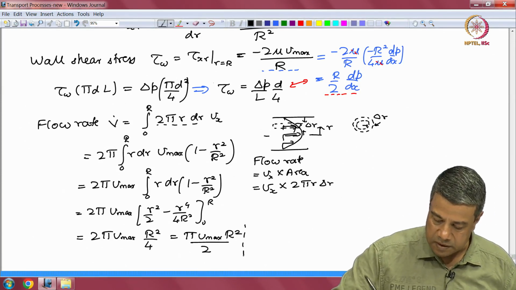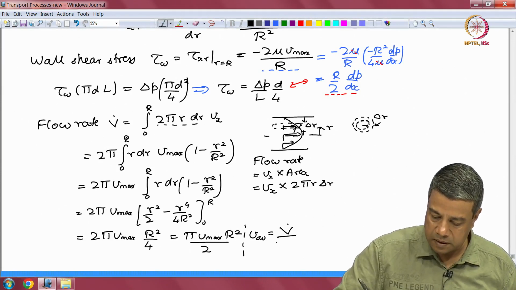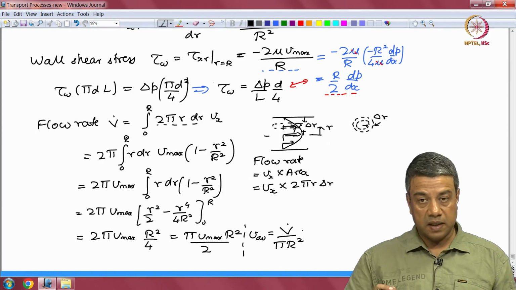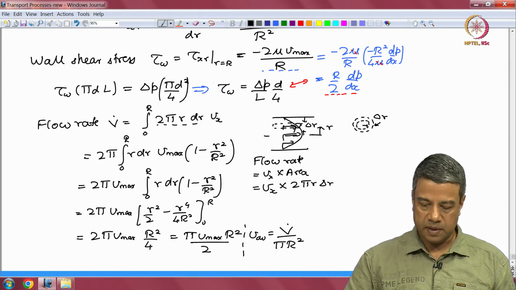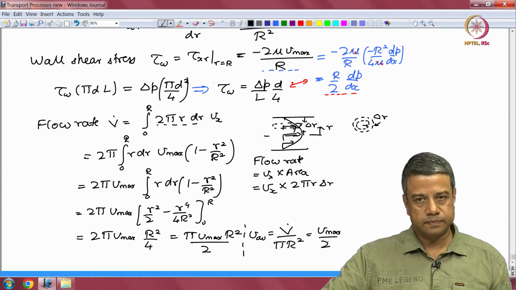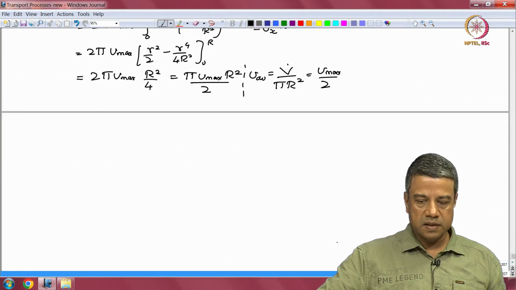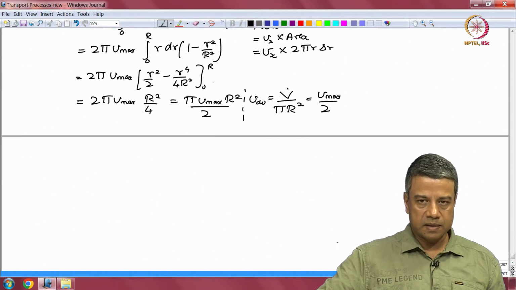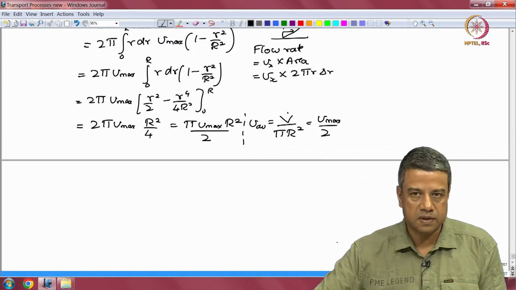The average velocity is equal to the volumetric flow rate divided by the cross sectional area of the entire pipe. So, this is going to be equal to V max by 2. So, the average velocity is equal to 1/2 of the maximum velocity, or the maximum velocity is equal to 2 times the average velocity.